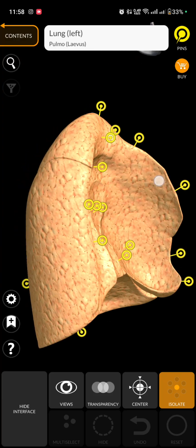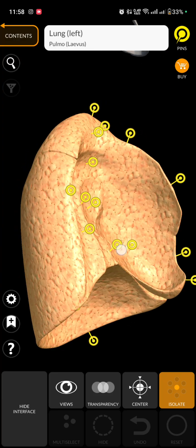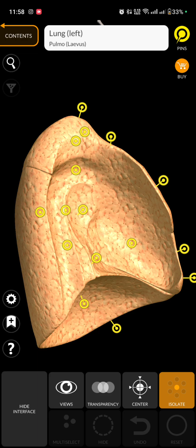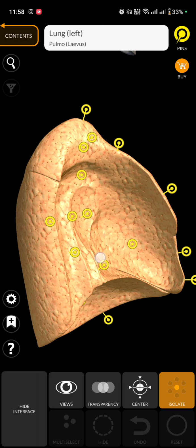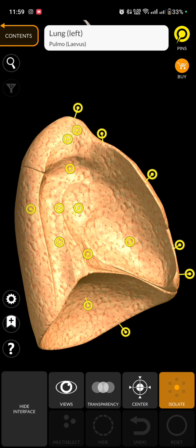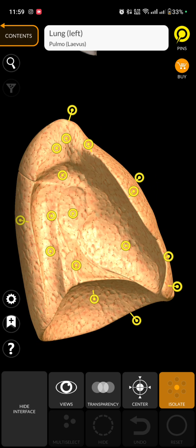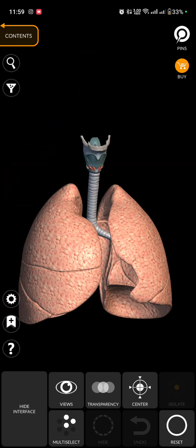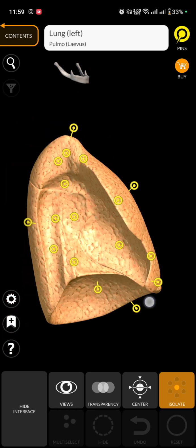One is the vertebral surface and the other is the mediastinal surface. The vertebral surface has an impression caused by the vertebral column, while the mediastinal surface has a cardiac impression caused by the heart.